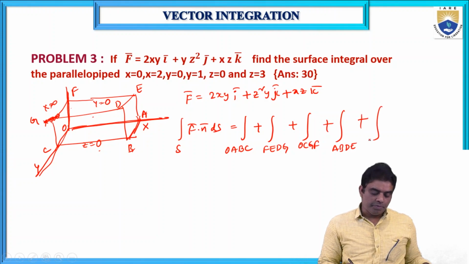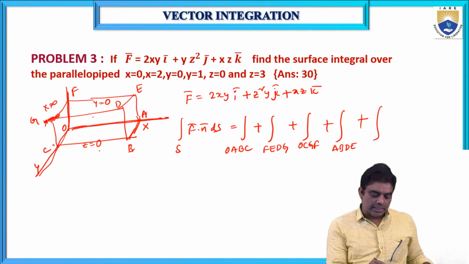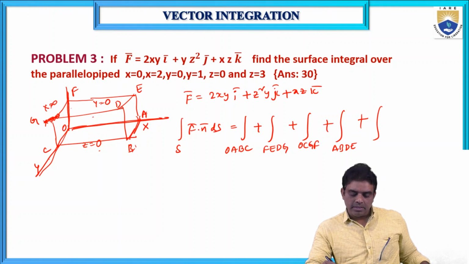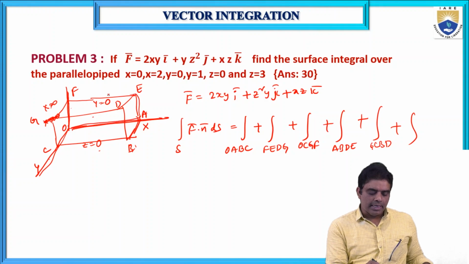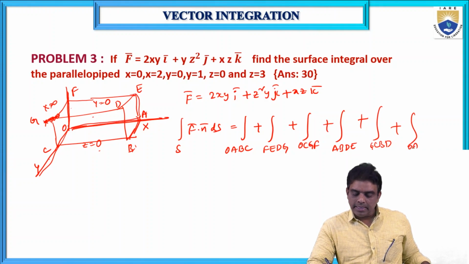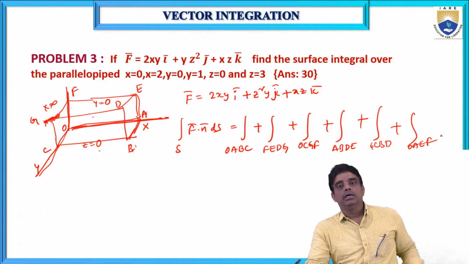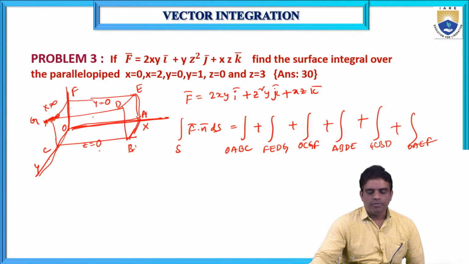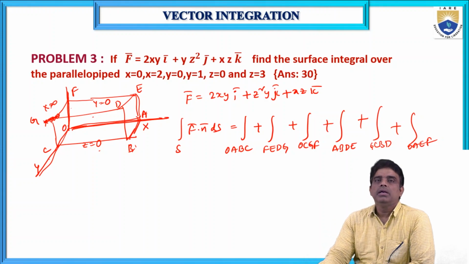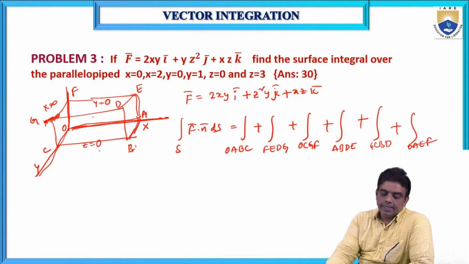Then the fifth one, GCBD. And the last one, the parallel of this one, is OAEF. So these are the different values you need to consider to find the full surface integral of the given parallelepiped with respect to f bar.